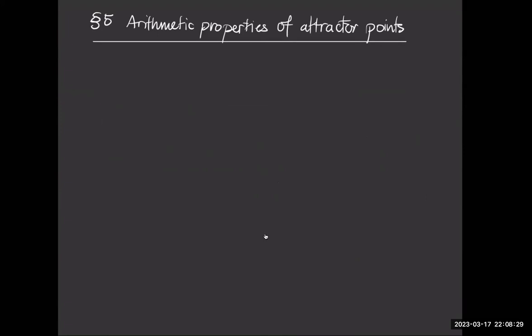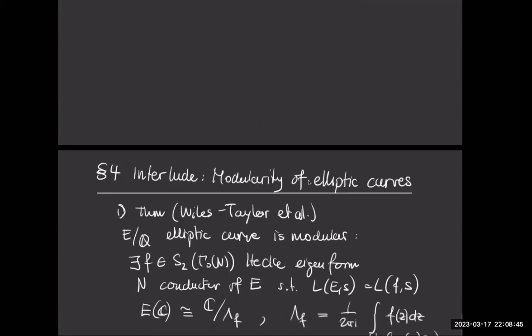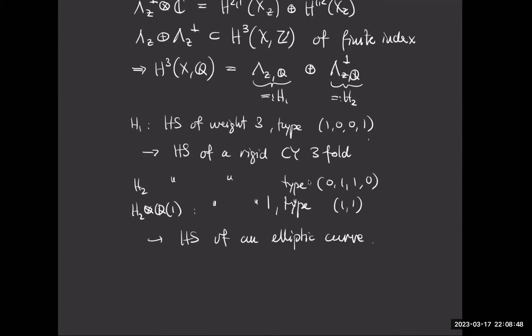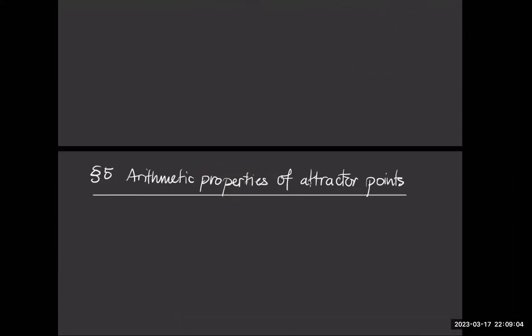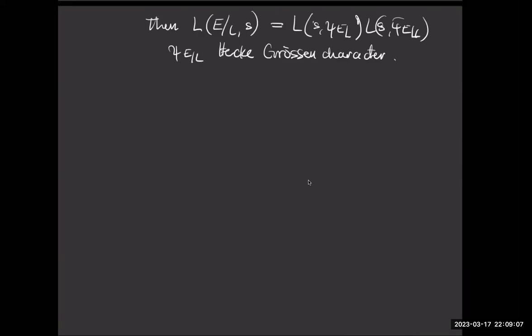And the question is, are attractor points a generalization of Heegner points, or do they have entirely different properties? Here we have a relation to elliptic curves, but here we had a relation to rigid Calabi Yau threefolds. Now, for rigid Calabi Yau threefolds, we are also fortunate, namely, we also have a modularity theorem.